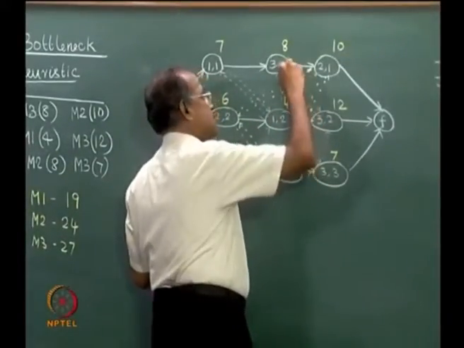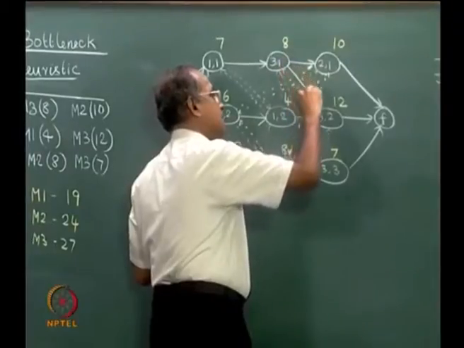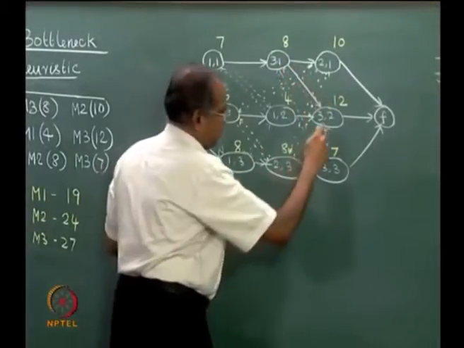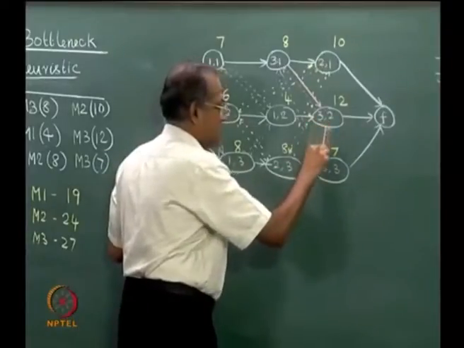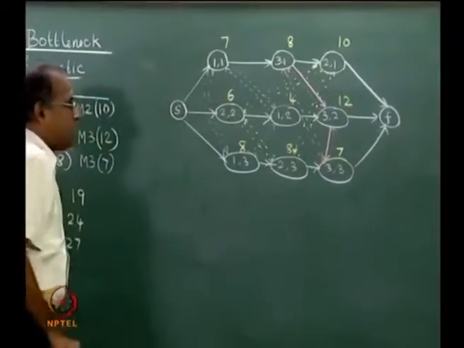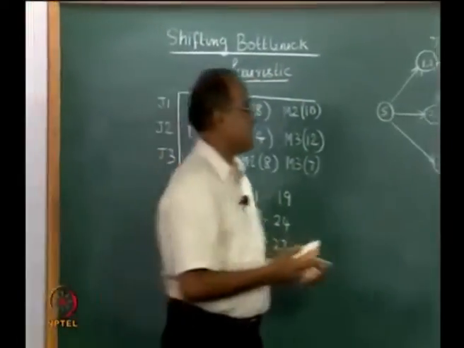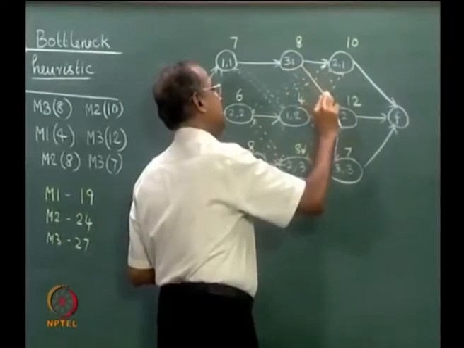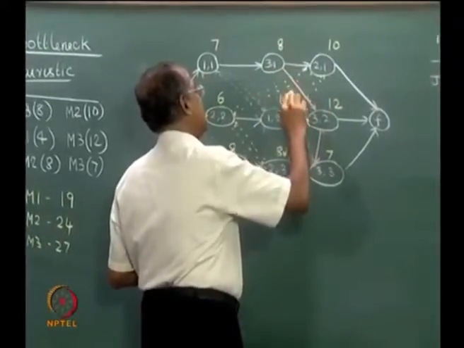So, this arc becomes active, and then from here we will do this. So, this arc becomes active. The rest of the dotted pink arcs are now removed because they are no longer required. So, we will remove this, we would also remove all this.